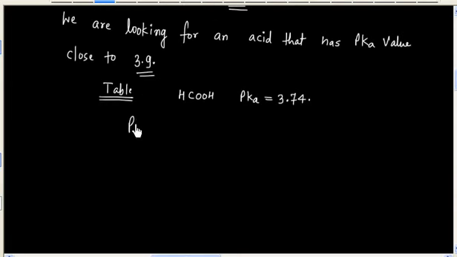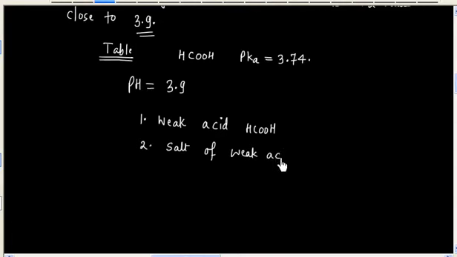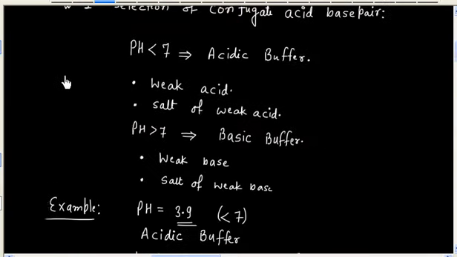So for this pH, that is 3.9, we will use weak acid as formic acid and salt of weak acid, that is formate ion. So this is the first step.